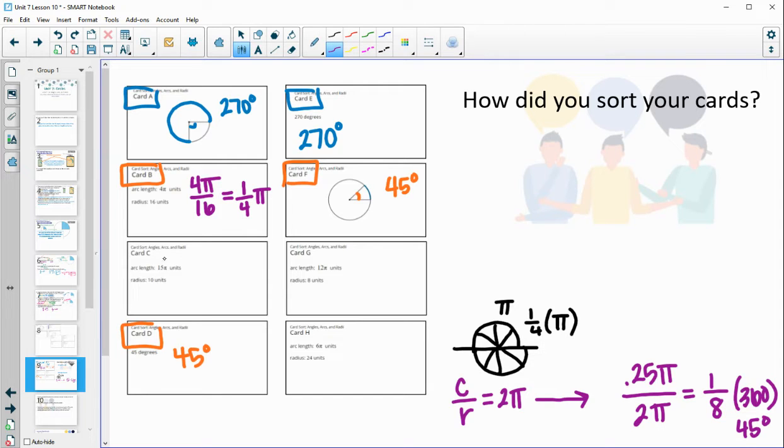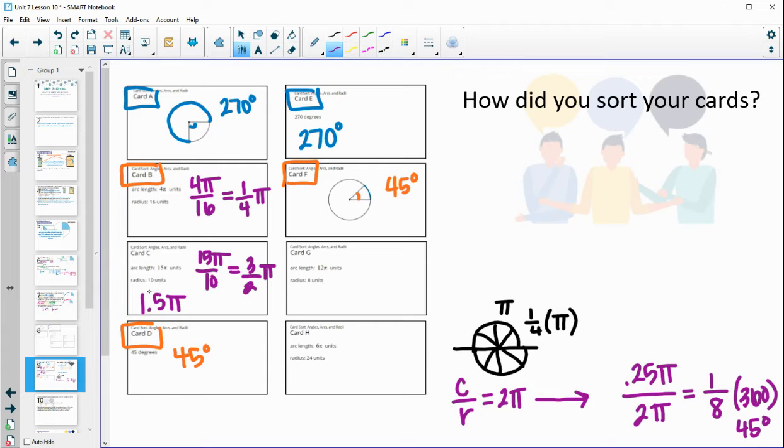And so if I look at this next one, this one has 15 pi divided by 10. So 15 over 10 simplifies to 3/2 pi. And that's certainly not a 45-degree angle because we have 1.5 pi instead of 0.25 pi.